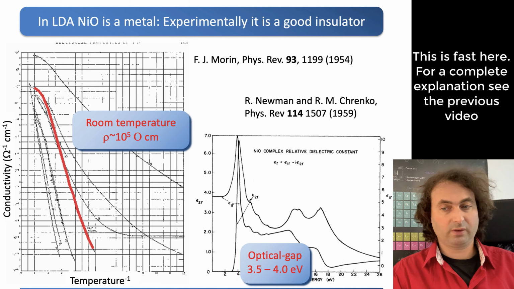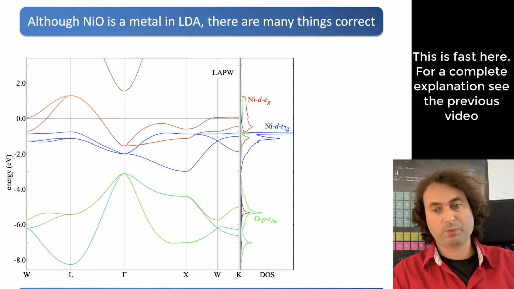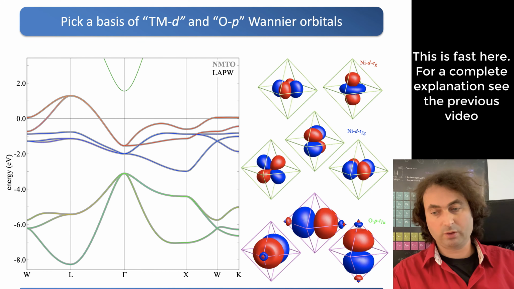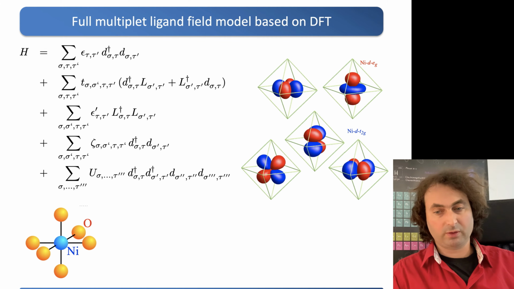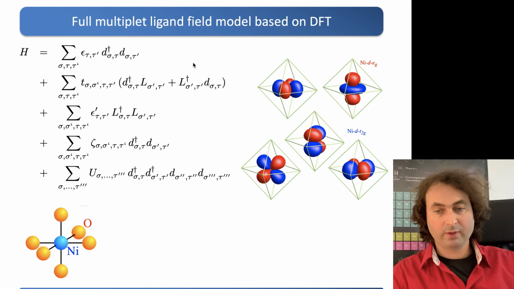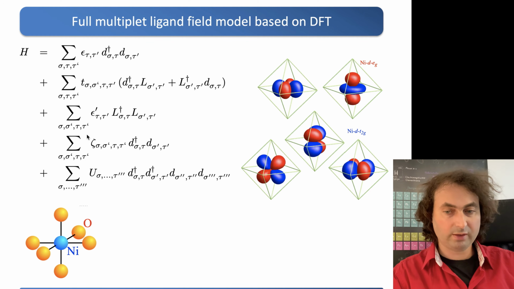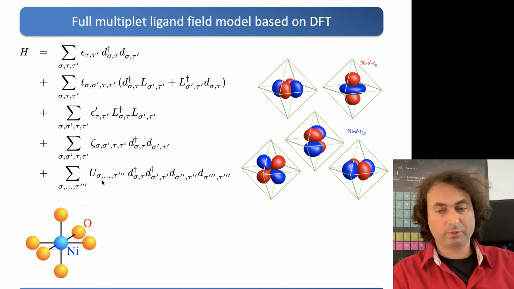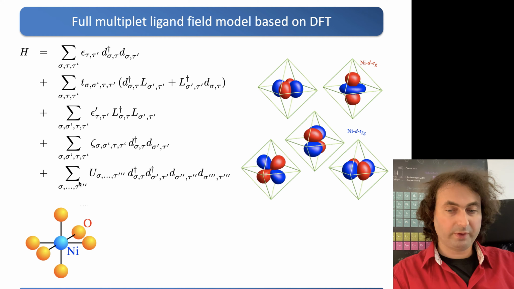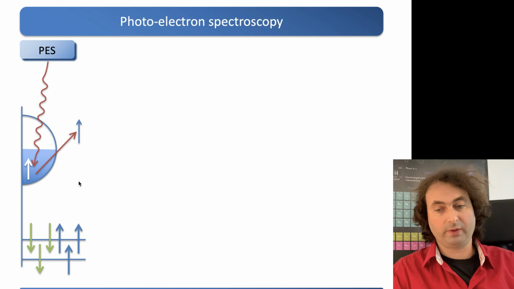Then of course the material is a real insulator in the experiment, but nonetheless the potentials are okay, such that we can use them as we've shown in the previous video to get your Wannier orbitals, and based on that get a many-body Hamiltonian that includes the on-site energies, the hoppings between ligand and d orbitals, the on-site energies of the ligand orbitals, and then your spin-orbit coupling and your Coulomb interaction. And it is of course this Coulomb interaction that makes the system so interesting.